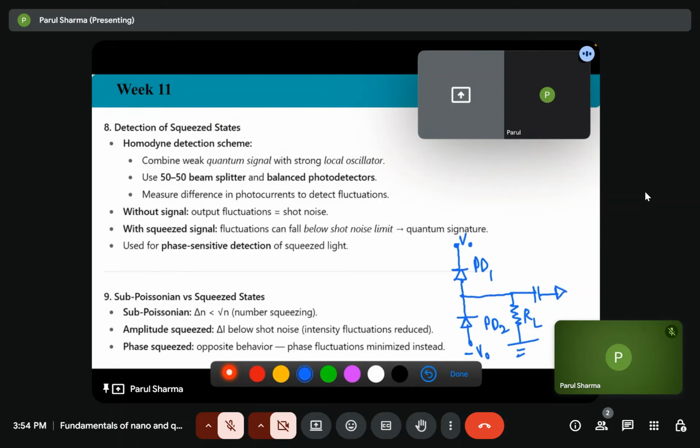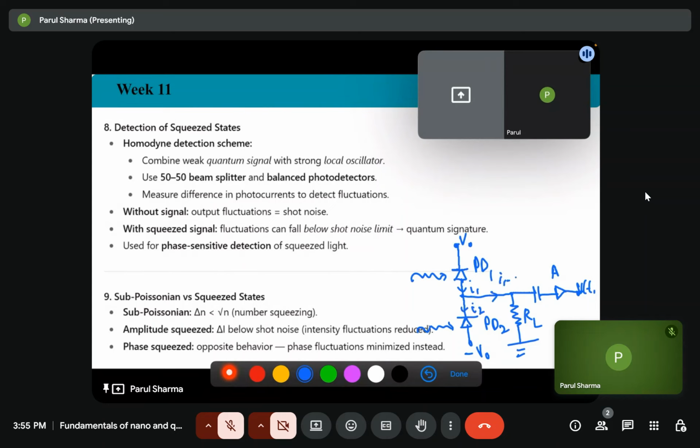AC component, and here we are measuring the output. One signal is going here, and here it's going I1, I2. Here there will be the difference I1 minus I2.